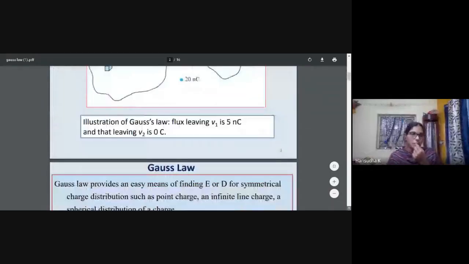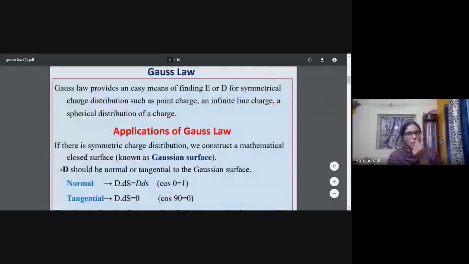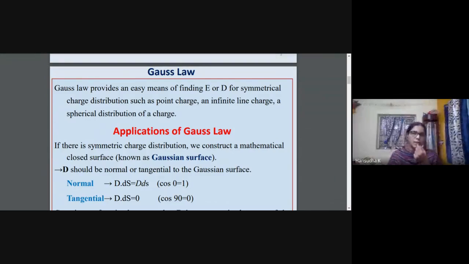So what are the applications of Gauss law? Gauss law provides an easy means of finding the electric field intensity, represented by capital E, or the electric flux density, represented by capital D, for symmetrical charge distributions such as a point charge, an infinite line charge, and a spherical distribution of charge.